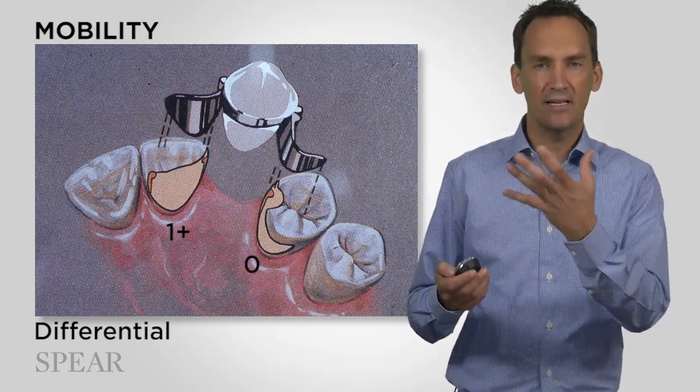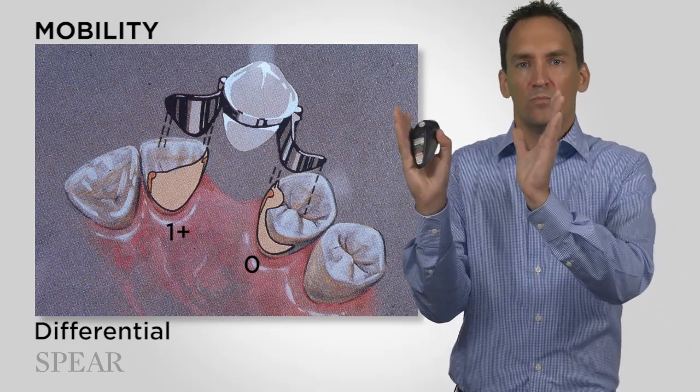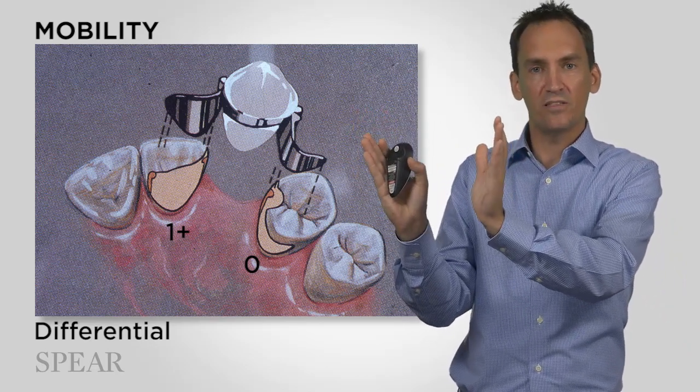Pretty typical. Canine's big, long roots, not a lot of mobility. You have a retainer now that's trying to hold these teeth to be immobile. What we tend to find is when you have a failure with different mobilities of teeth, the tooth that basically fails is the one that's bonded to the least mobile tooth.